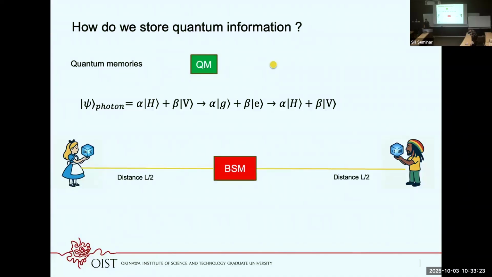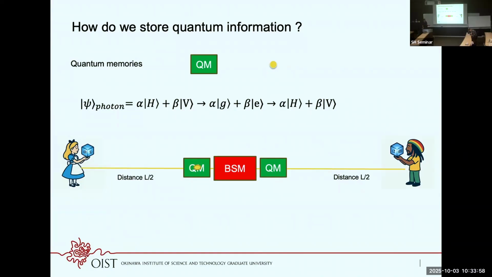So the idea was to use, again, MDI QKD: Alice and Bob, and Charlie in the middle, performing a Bell state measurement. We put two quantum memories just before the Bell state measurement. Why is this good? Because now they send the photons to the memories. For example, the photon of Bob was lost, but the photon of Alice reached the quantum memory.